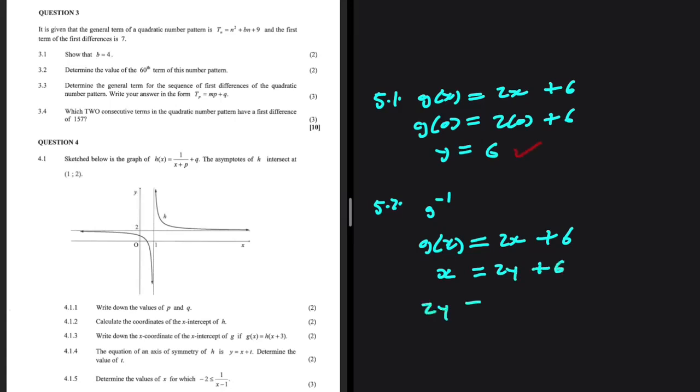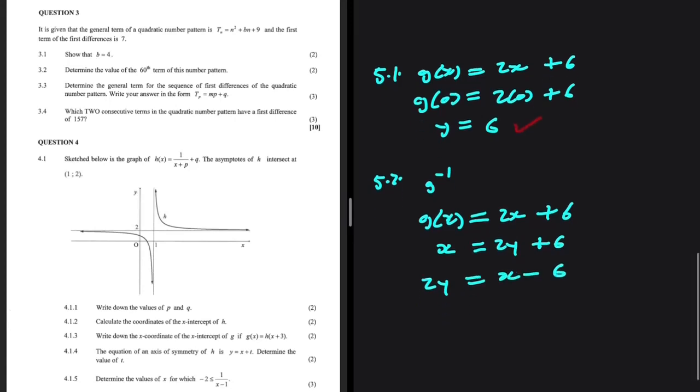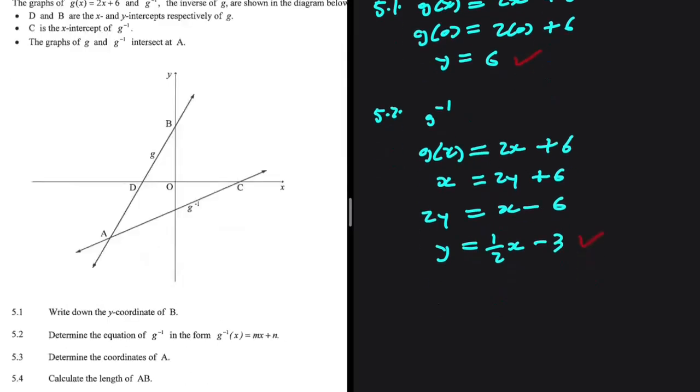So 2y equals x minus 6. We just need to divide both sides by 2. So we're going to get y equals 1 divided by 2 x minus 3. This is the equation of g inverse. Now we can conclude that g inverse of x equals a half x minus 3.